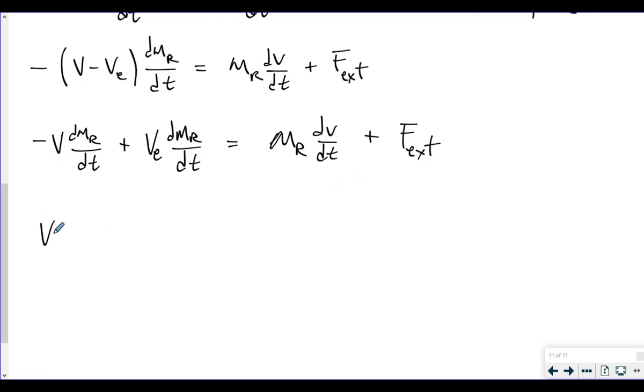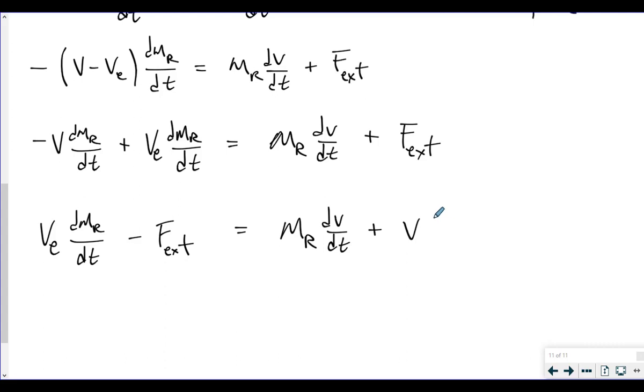So I'll say exhaust velocity times change in the rocket's mass over time, minus these external forces, is the mass of the rocket times the acceleration of the rocket, or the change in the velocity over time, plus the velocity of the rocket and the change in the mass of the rocket over time, right? So this term went that way and this term went that way. So I just switched them.